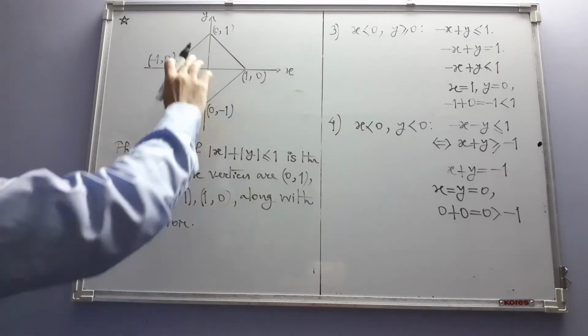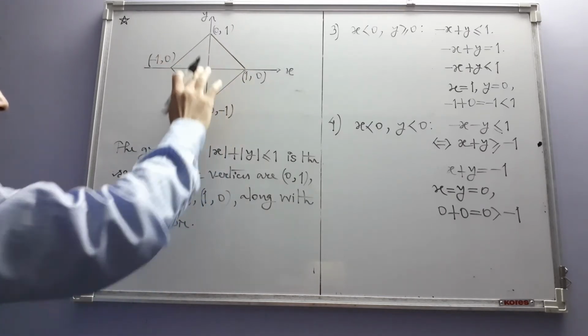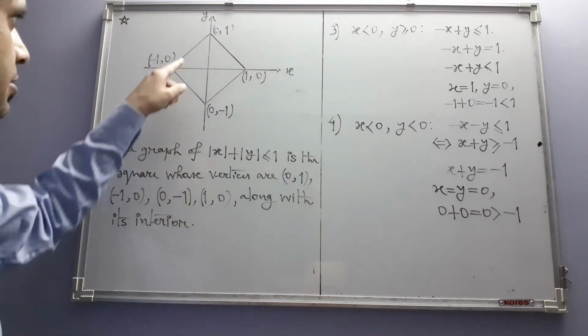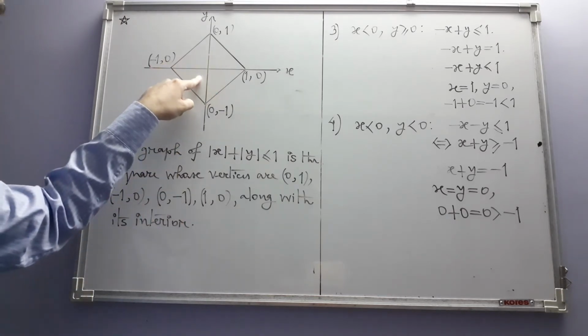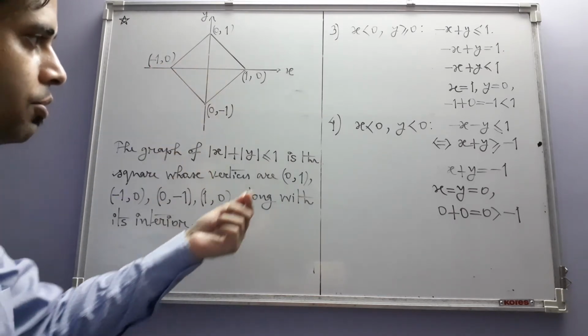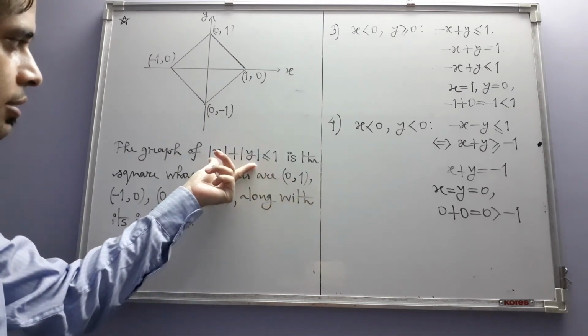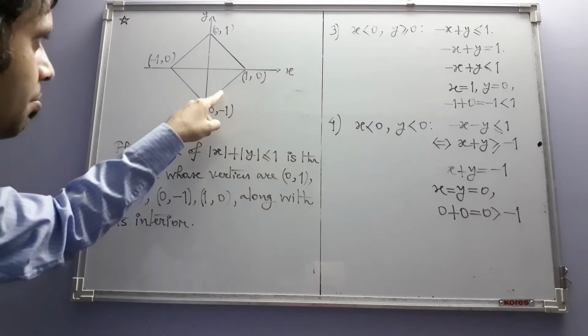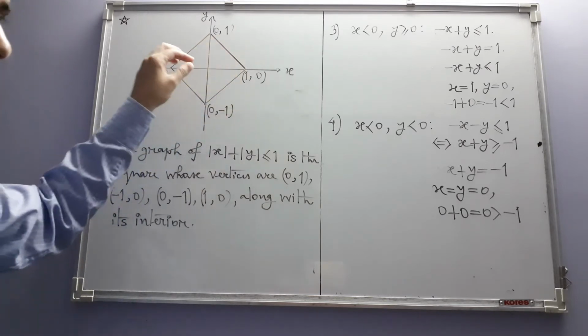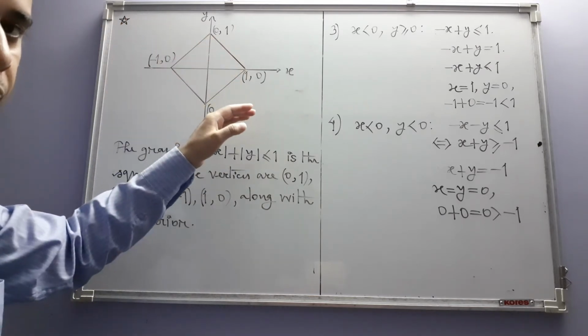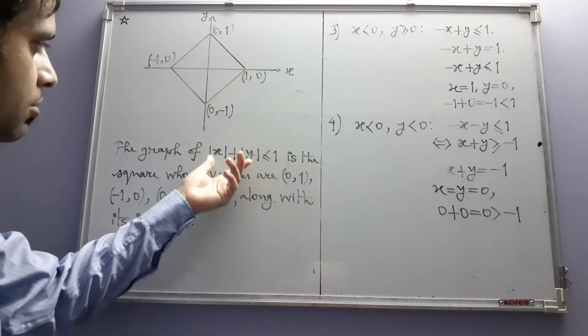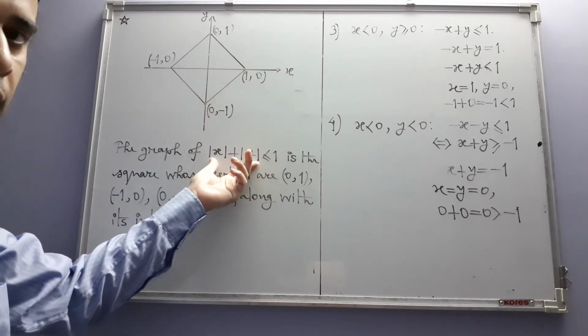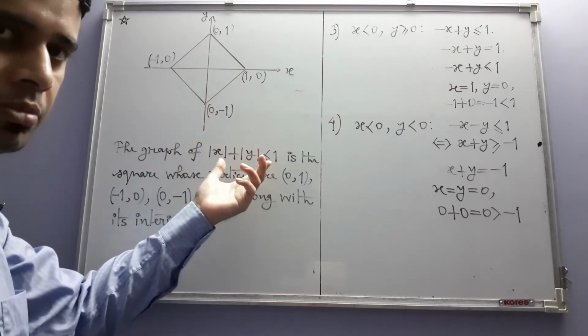So that means if you consider any point from within this square, that is in the interior of this square, and put that point in this inequality, the inequality will be satisfied. Also, any point on the square if you take, and you put its coordinates here, then also this inequality will be true.